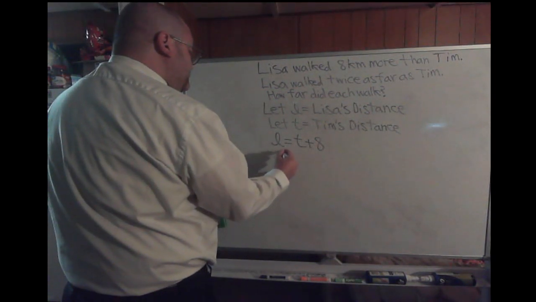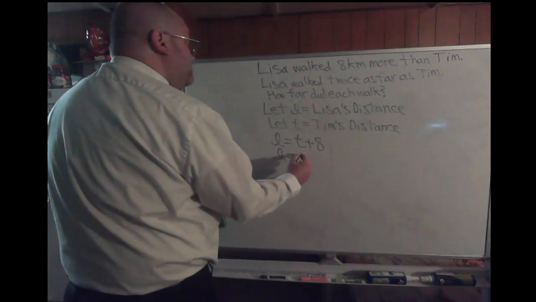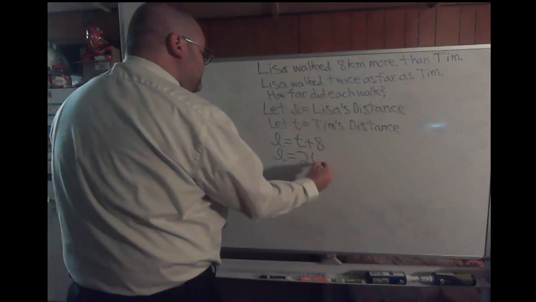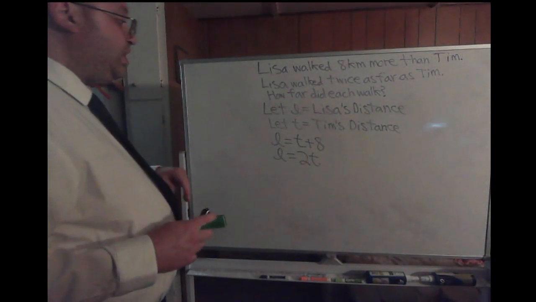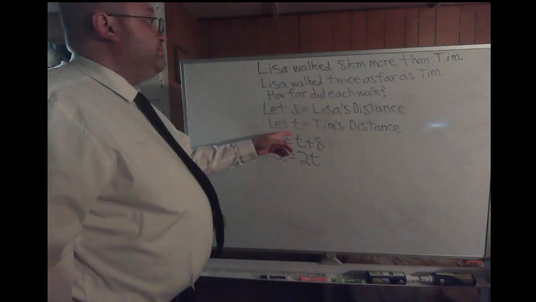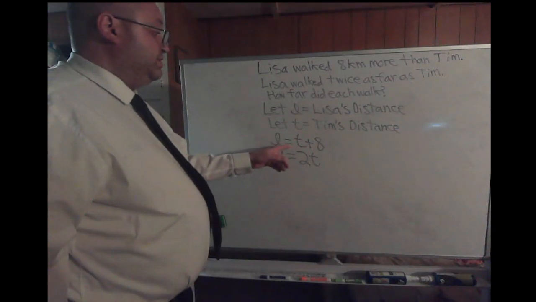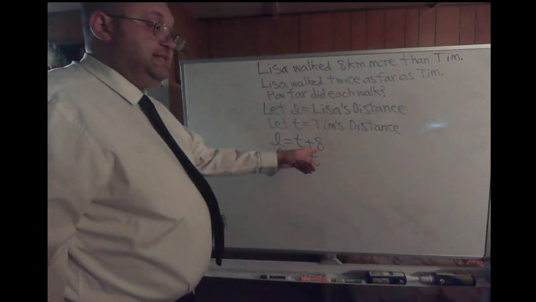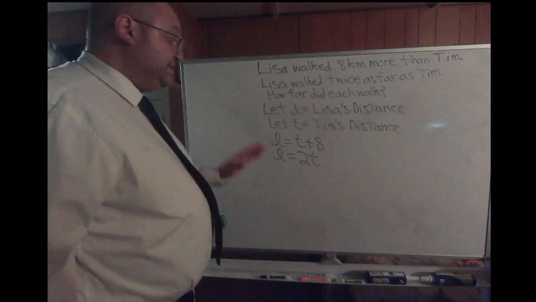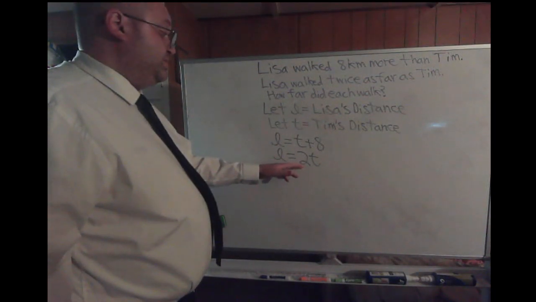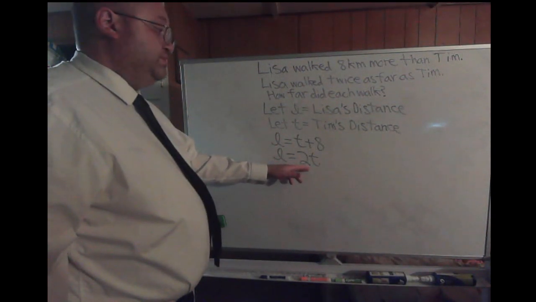So that means Lisa's distance is going to be equal to twice Tim's distance. Okay. So Lisa's is equal to Tim's plus 8 since she walked 8 more kilometers than Tim. It also states Lisa walked twice as far as Tim. So Lisa equals twice Tim, 2T.